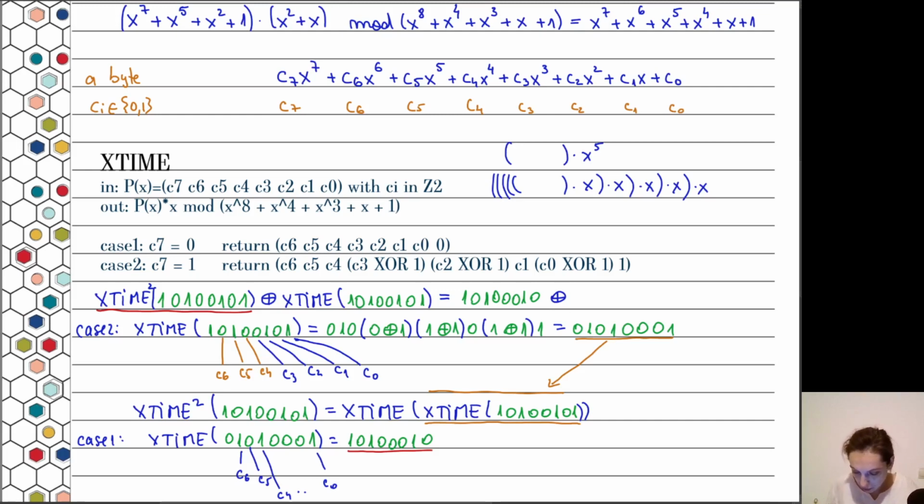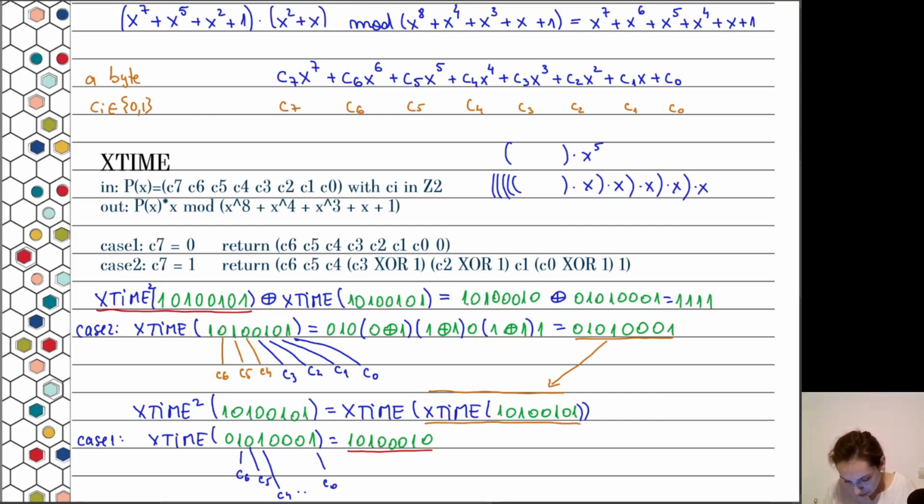So we will have to XOR it with this 0 1 0 1 0 0 0 1. So this will be equal to: we have 1 XORed by 0 is 1. 0 XORed by 1 is 1. 1 XORed by 0 is 1. 0 is the fourth bit, 0 XORed by 1 is 1.